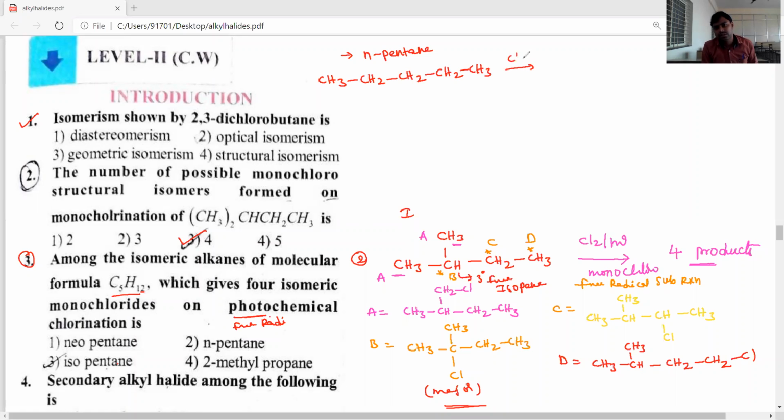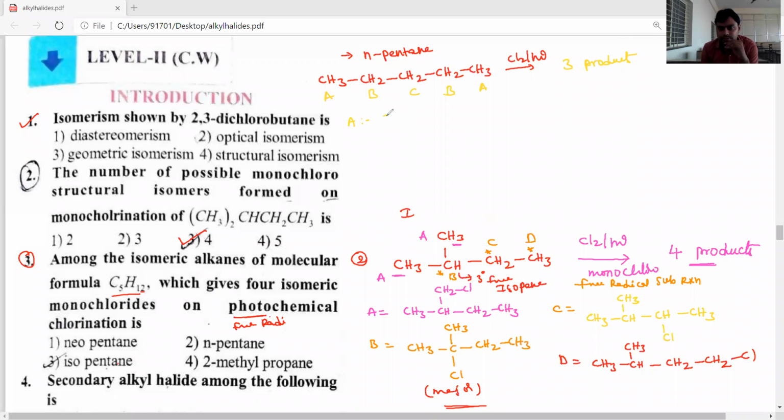On chlorination in the presence of sunlight, how many types of products will form? Here, the CH3 at this end and the CH3 at the other end, when chlorine is substituted, give the same product, because the position of chlorine is the same, either left to right or right to left. This is B, this is also B, and the middle one is C. So 3 products will form. Let's see what the 3 products are.